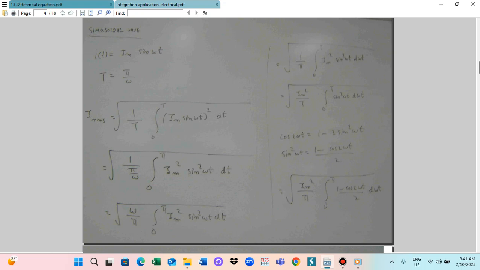The sinusoidal waveform equation we already know: i is equal to I maxima sin omega t. So we have to substitute I maxima sin omega t. This is for the sinusoidal waveform. Also, we get the frequency, and because of this, T is equal to pi by omega.